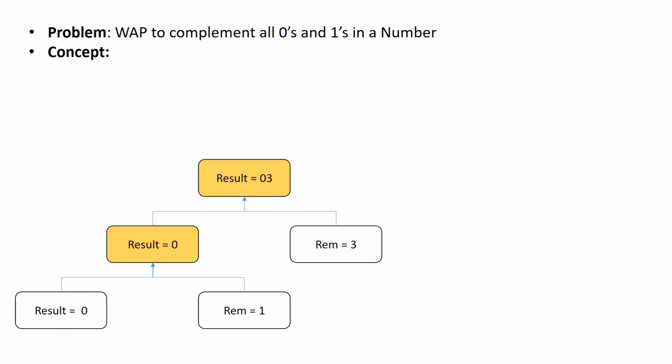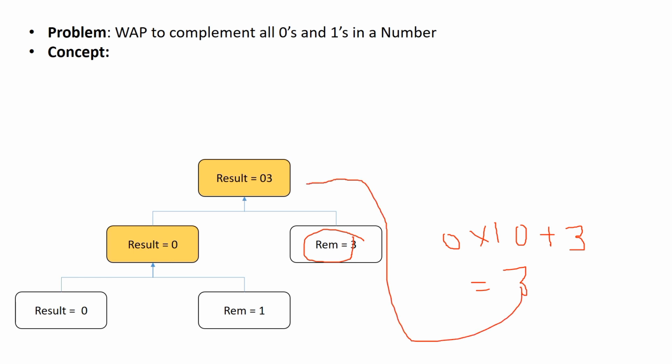Now for this result, 0 into 10, since the remainder is not 0 or 1, we keep the remainder as it is. So we get 3, which is your next result.